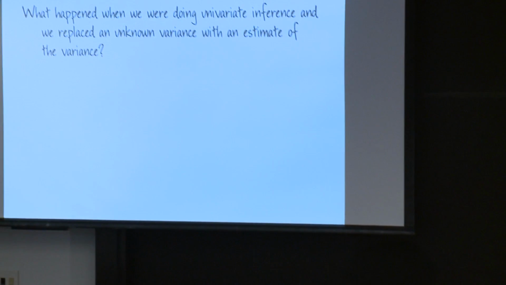Okay, so now I want to ask you to think back to when we were doing univariate inference and we replaced an unknown variance with an estimate of the variance. So we had a sample mean, and the sample mean had a normal distribution, but we didn't know the variance.